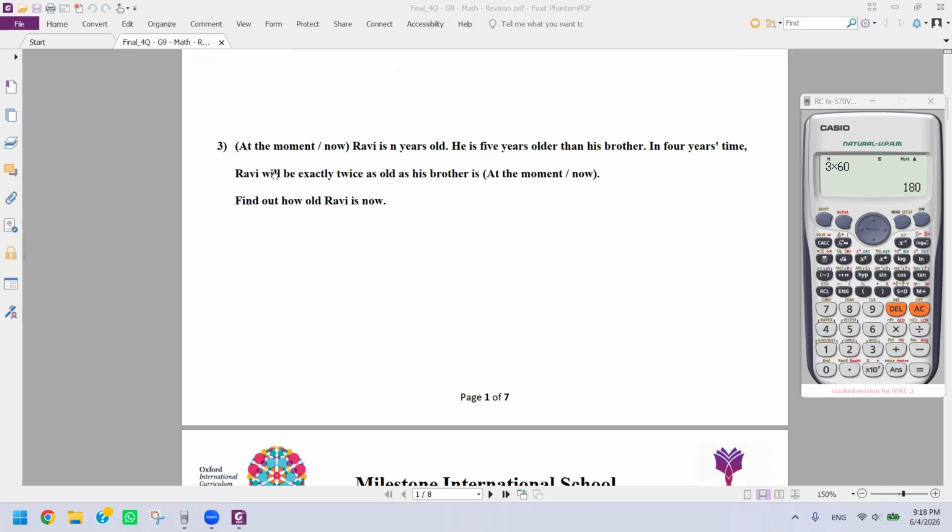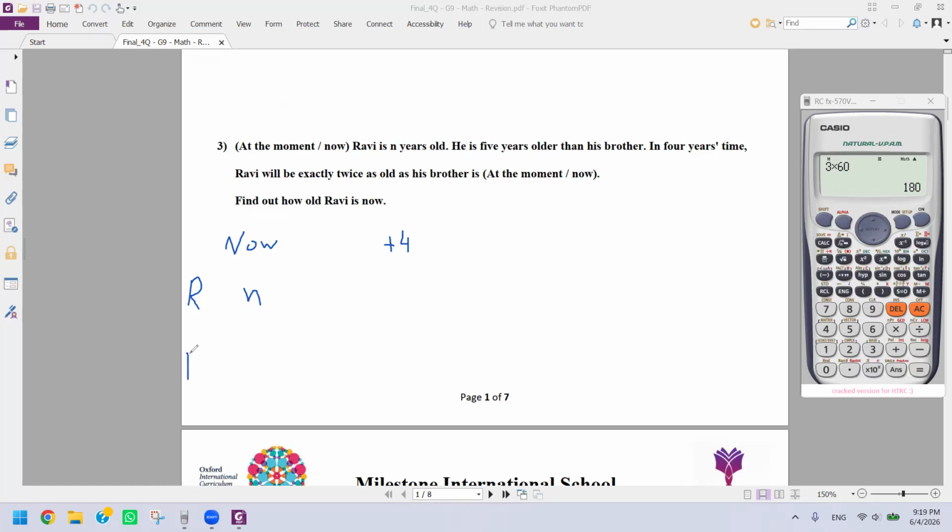Next problem. At the moment, Ravi is N years old. We have now, and we have in 4 years. So at the moment, Ravi is N years old. He is 5 years older than his brother.